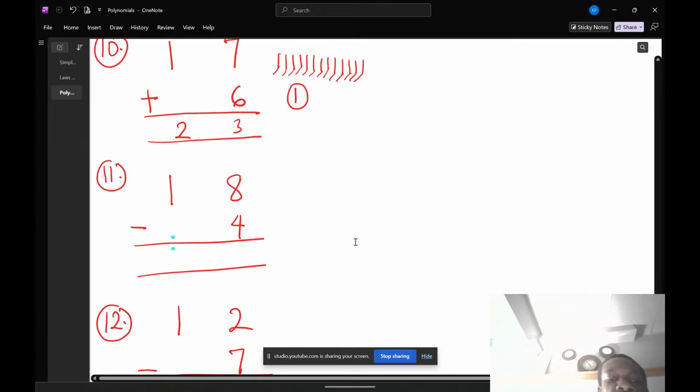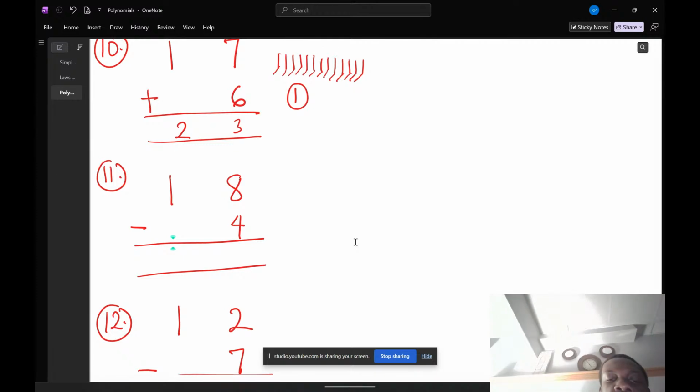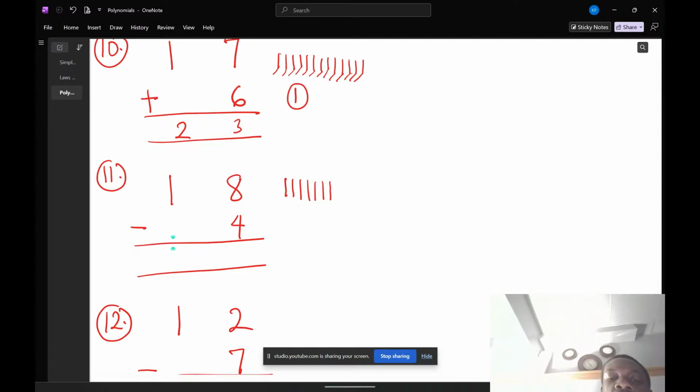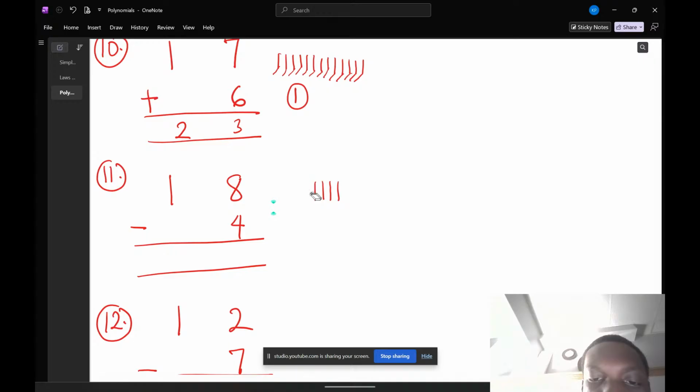Another one, we have 18 minus 4. We have 8 on top and 4 underneath. So we write 8 and take away 4. We have 1, 2, 3, 4, 5, 6, 7, 8. Now let's take away 4: 1, 2, 3, 4.